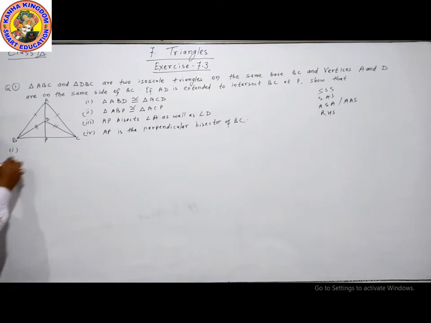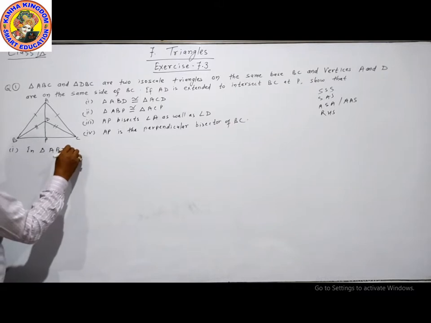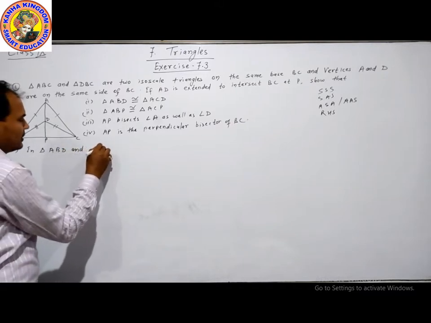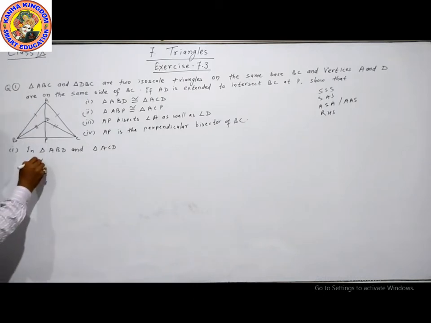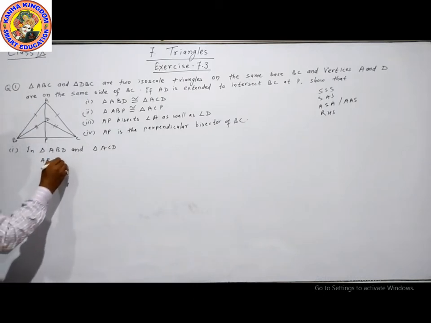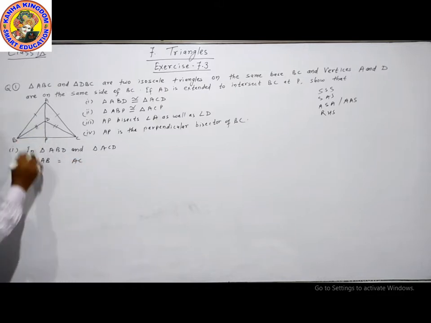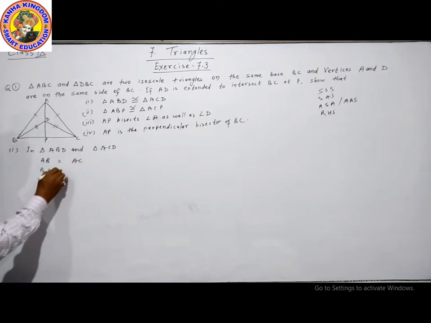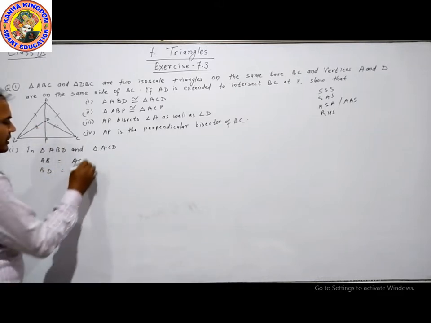In our first question, in triangle ABD and triangle ACD, in triangle ABD there is a side AB which is equal to side AC. In this triangle, a side is BD which is equal to CD.